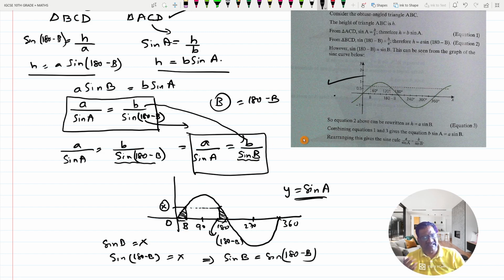So whether it is an acute or obtuse scalene triangle, this same formula works.